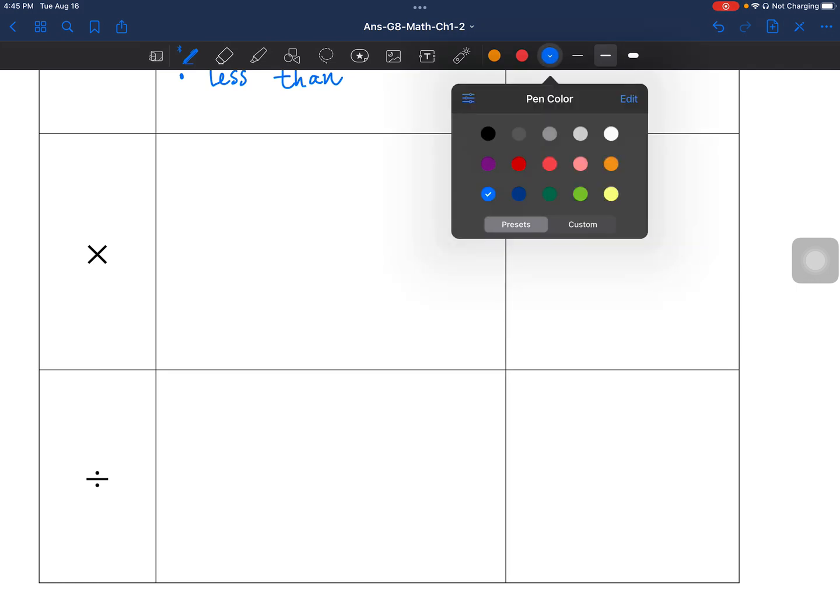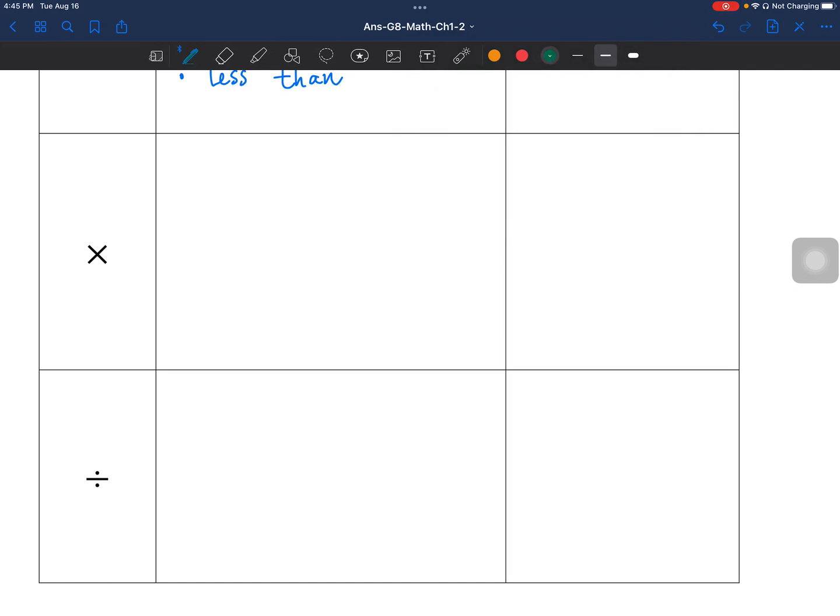For multiplication, we see things like multiplied: 3 multiplied by a number, or we can see things with product, the product of A and B. So then I have the product of 3 and m, 3 multiplied by m.